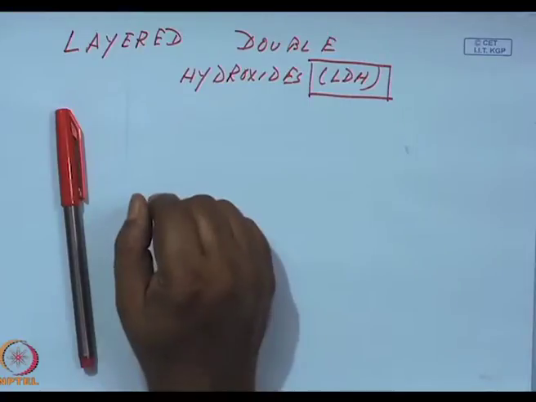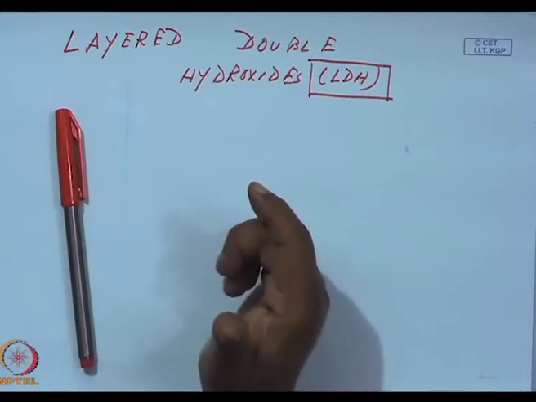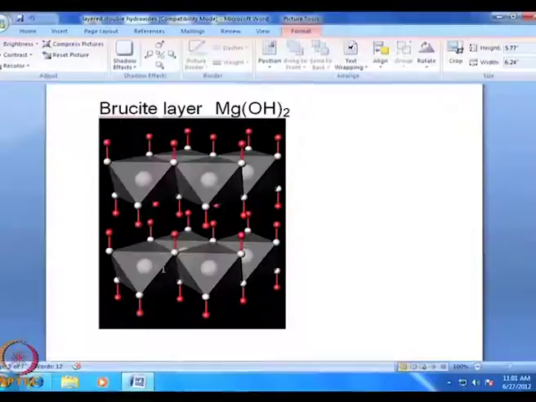Layered double hydroxides are basically made up again of oxide ceramics. Before the intermission, I had referred to this brucite layer, which is basically MgOH6 octahedra.